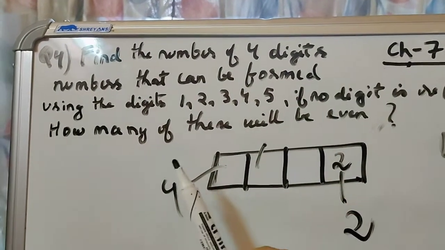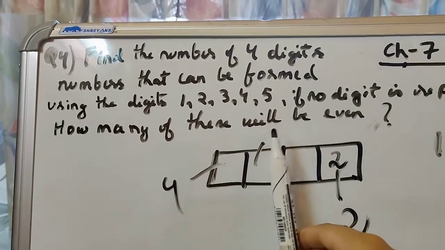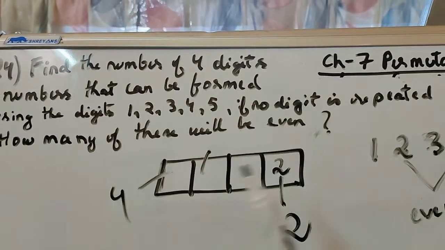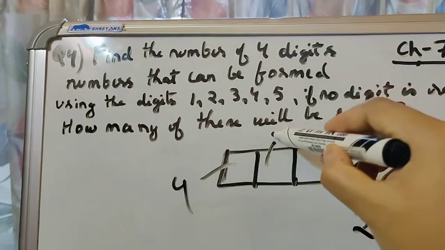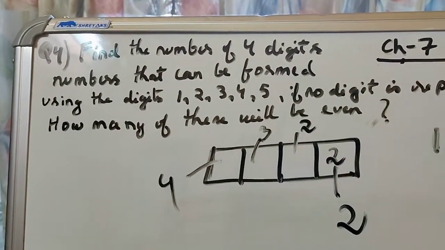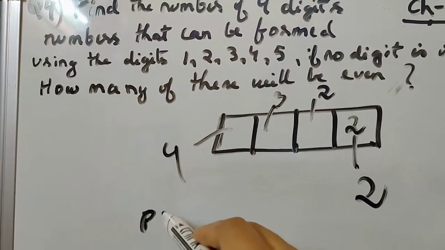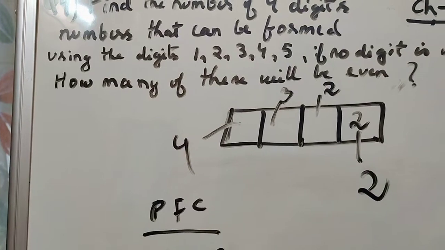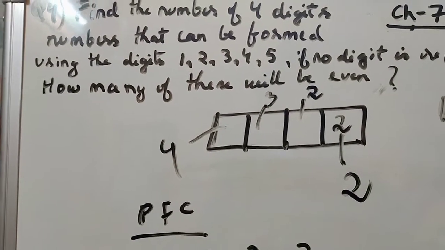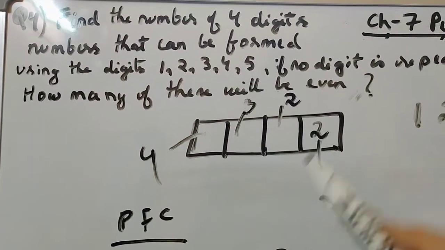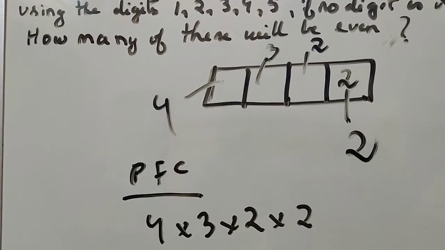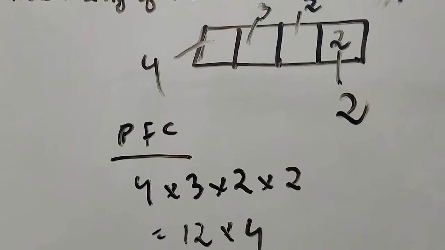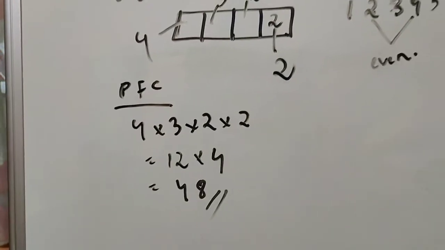If digits were repeated, then 4 would come here also, but instead it reduces. So 4, then here will be 3, here will be 2. So using the principle of fundamental counting, your total 4-digit numbers will be 4 into 3 into 2 into 2, 12 into 4, 48. 48 even numbers will be coming.